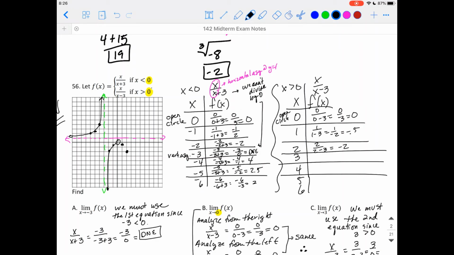For 3, I'm going to get 3 over 3 minus 3, which is 3 over 0, which does not exist. And again, we can't divide by 0. That should have given us a heads up that we have an error there at 3. And we can't simplify it with the numerator, so we know we have a vertical asymptote as well.